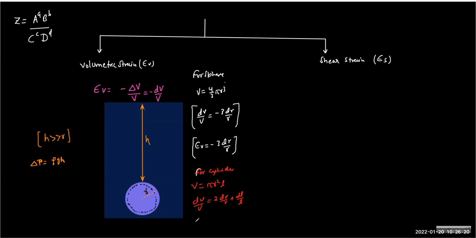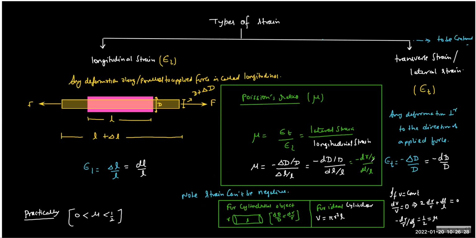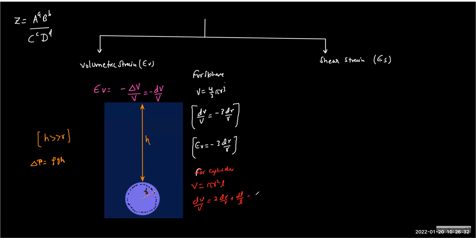And something very interesting I will tell you. If you remember something from the Poisson ratio, the dr by r we can write as minus mu dl by L, right? So the dr by r becomes minus 2 mu dl by L, correct?